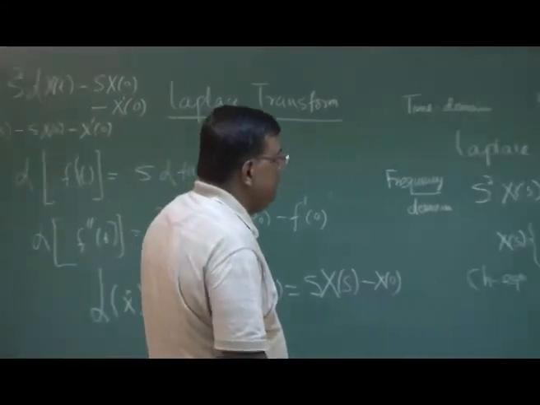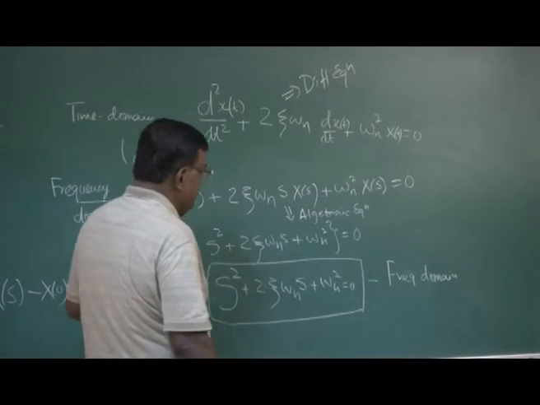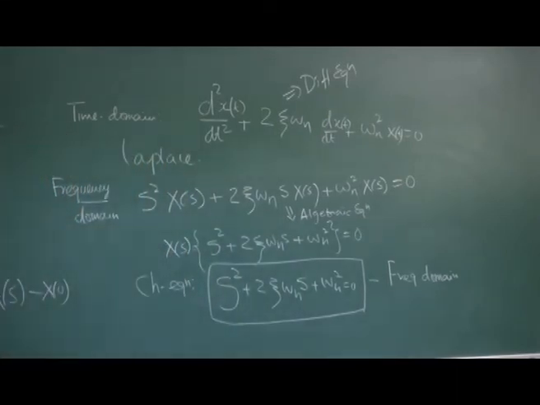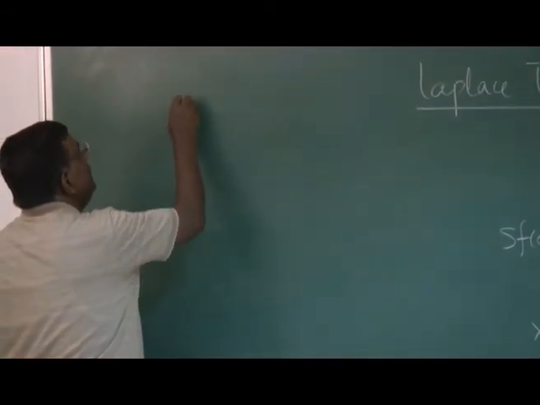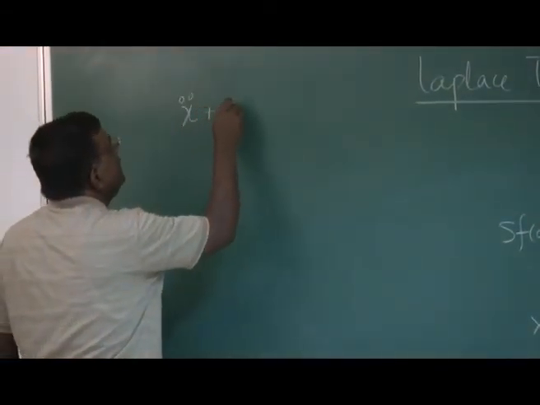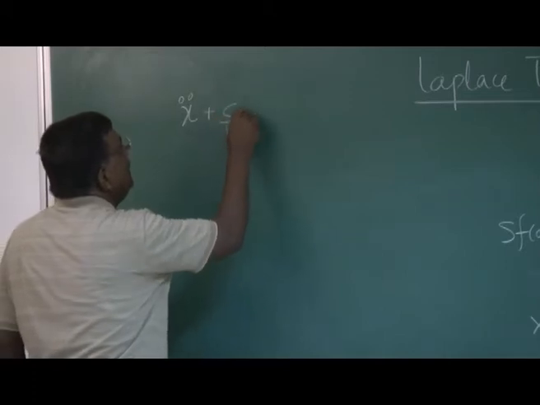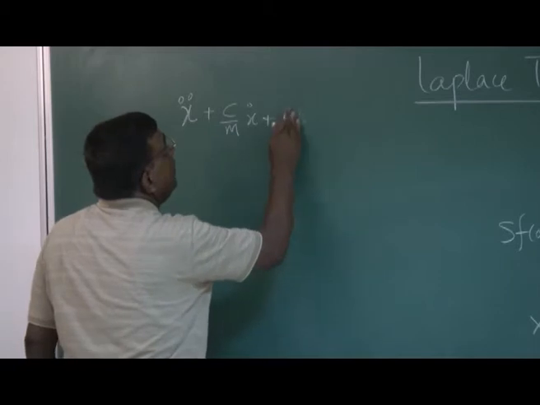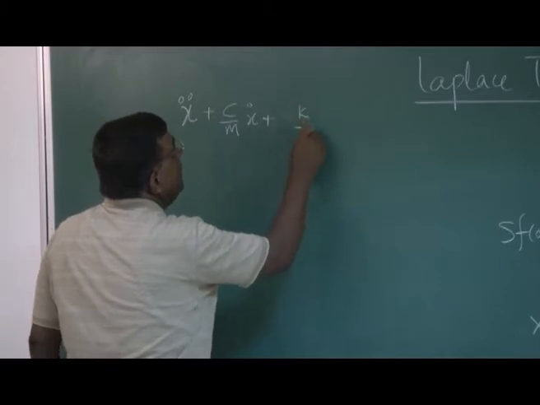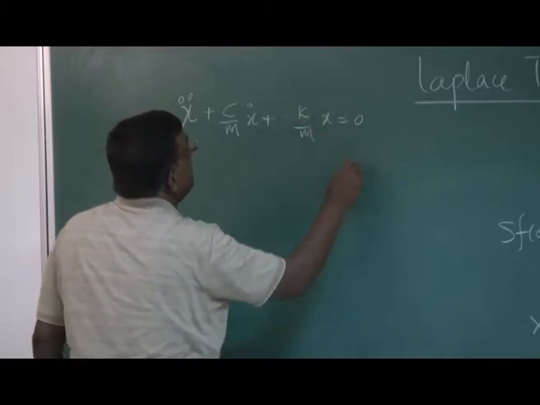Now how to use this equation, that is the question. Let us take a mass spring damper system, which is x double dot plus c by m x dot plus k by m x is equal to 0.